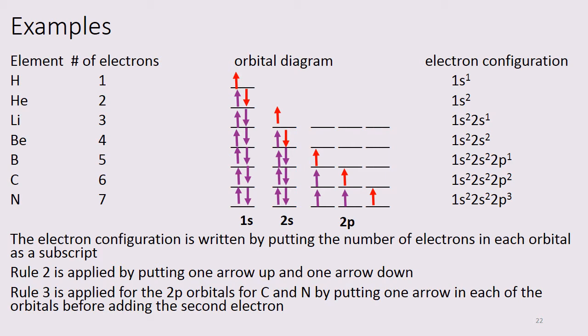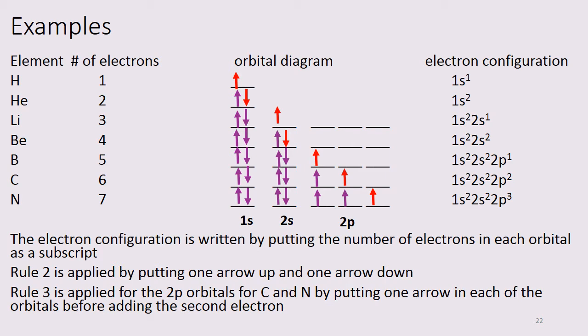Whenever you're doing orbital diagrams, if you're putting electrons into a particular subshell, you should put all the orbitals that belong to that subshell. So notice that for boron, I put the 2p subshell and I've drawn 3 lines, and so even though they're not full, I represent that there are 3 orbitals.